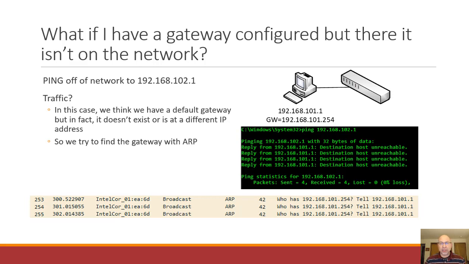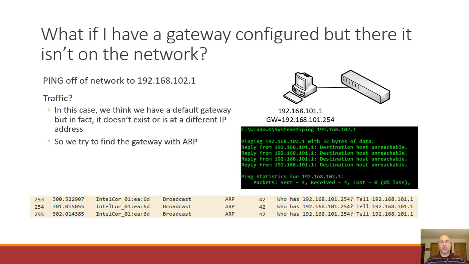And the answer is that when you tried to communicate with somebody off of your network, what you did was you tried to contact the default gateway. Of course, the default gateway didn't answer up. And the reason that we contact the default gateway is because we need help getting to this node that's not on our network. So in the bottom of this screen, what we're showing you is the ARP traffic.